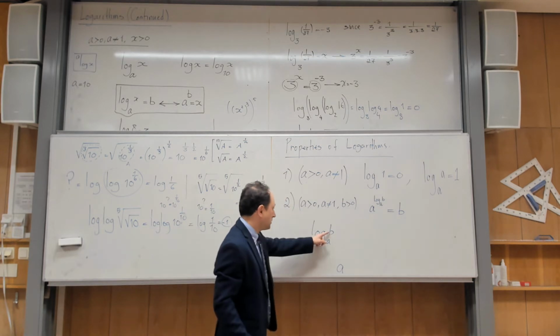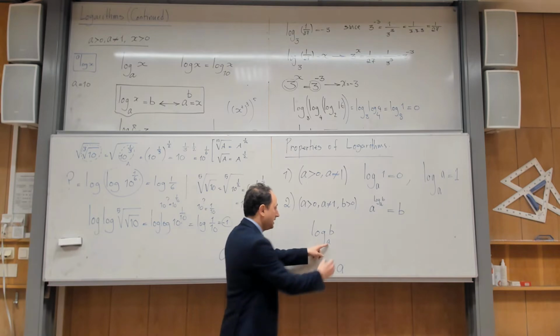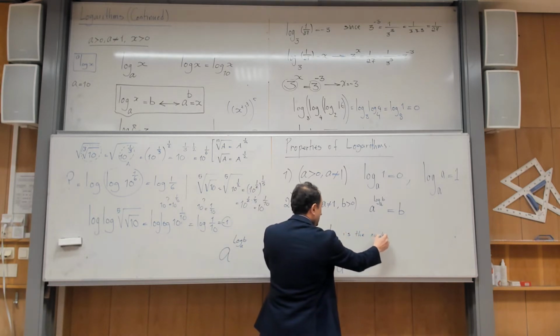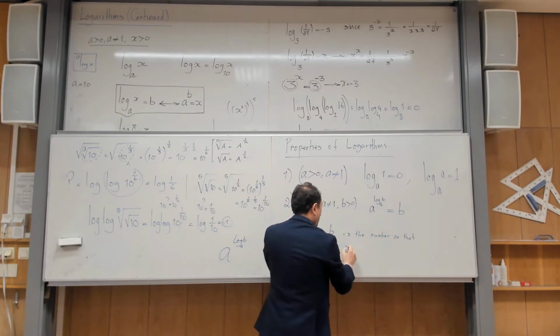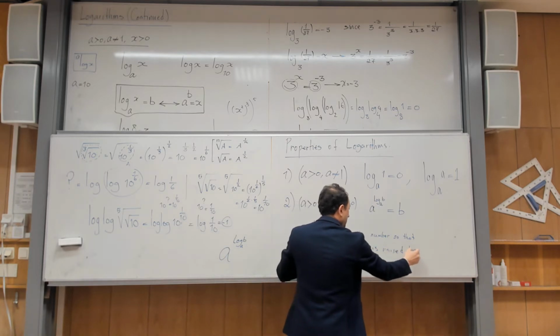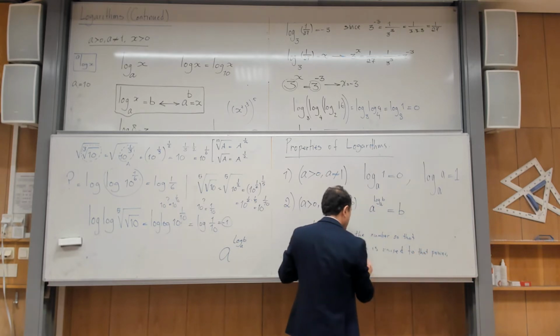So the logarithm of b in base a is the number so that when a is raised to that power, the answer becomes b.